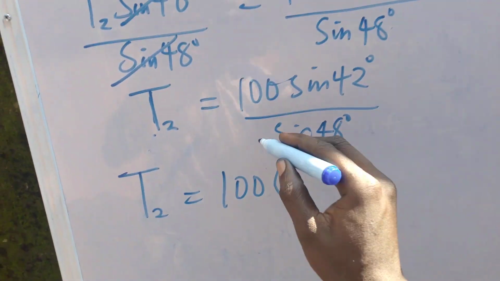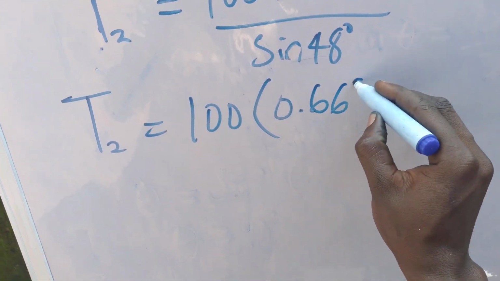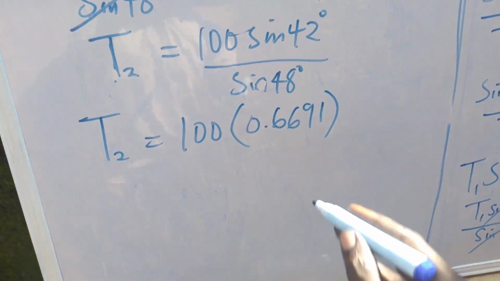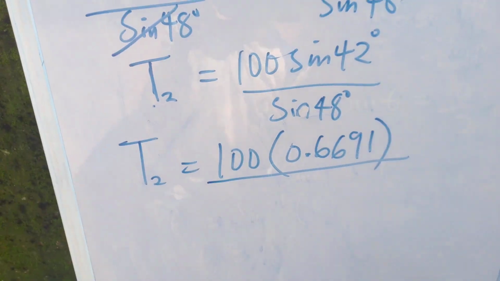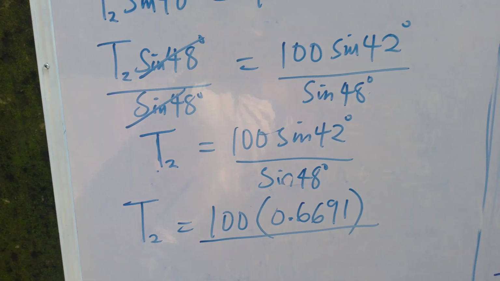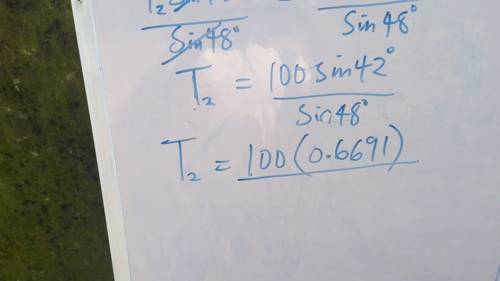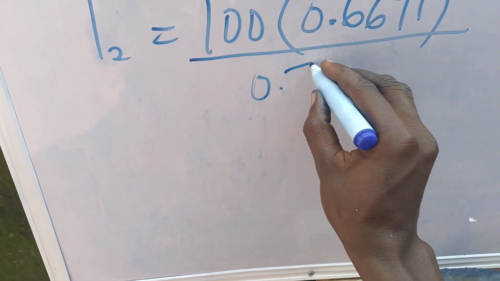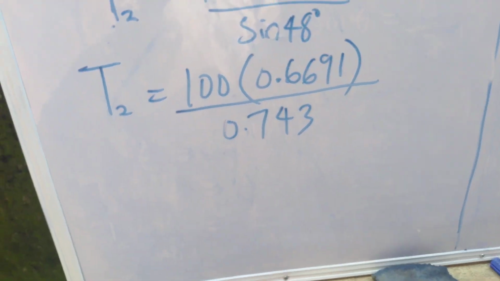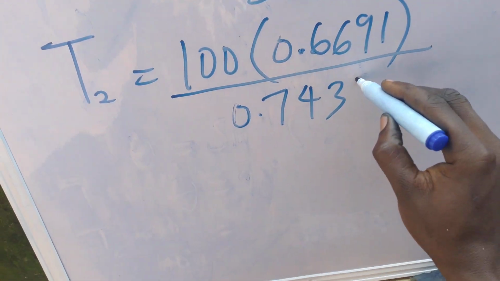Sine 42 is 0.6691, over sine 48. Using your scientific calculator, that's 0.7431.